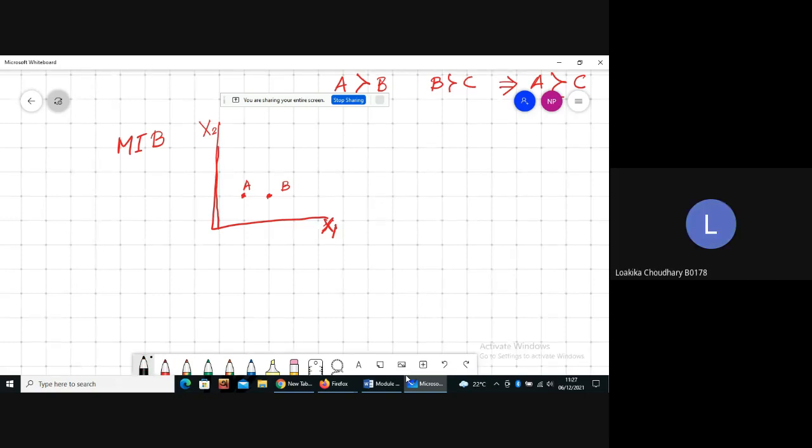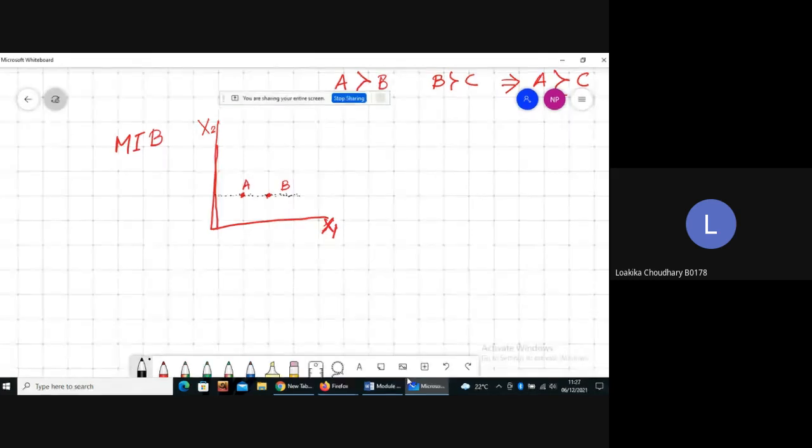Sir, B, sir. Why? Sir, because in point A the consumer will get one quantity of X1 and one quantity of X2. But in point B, the consumer will get two quantity of X1 and one quantity of X2.